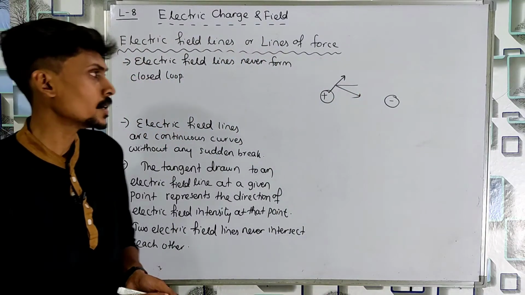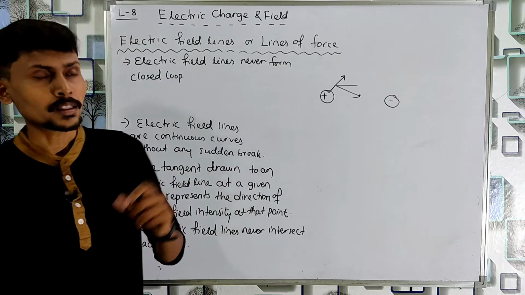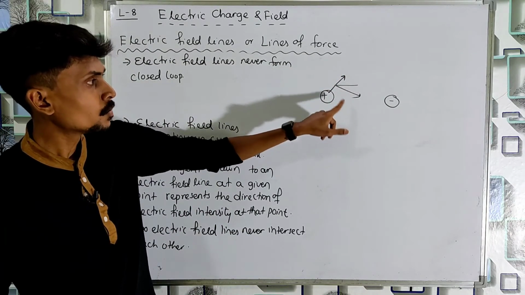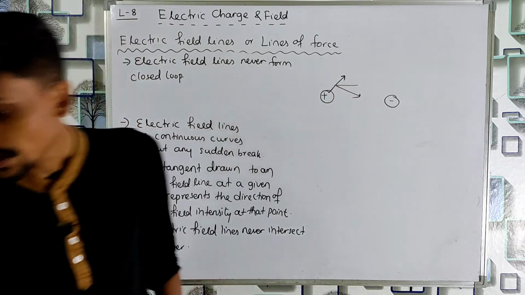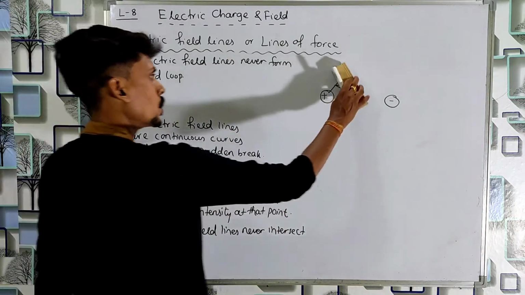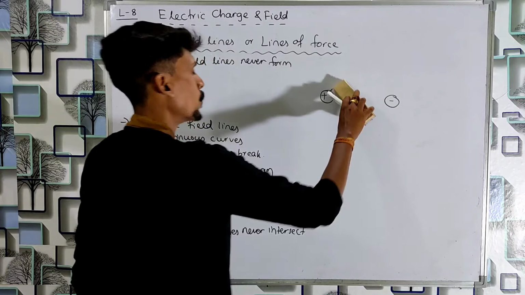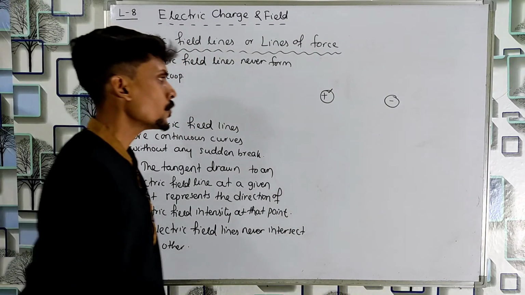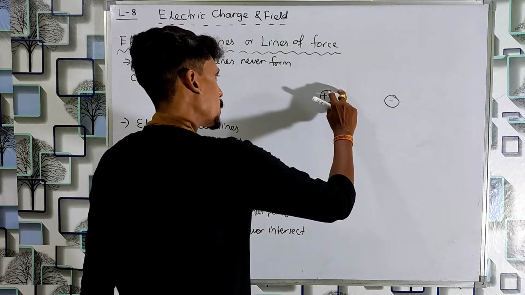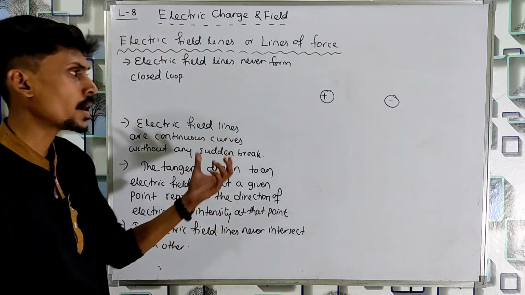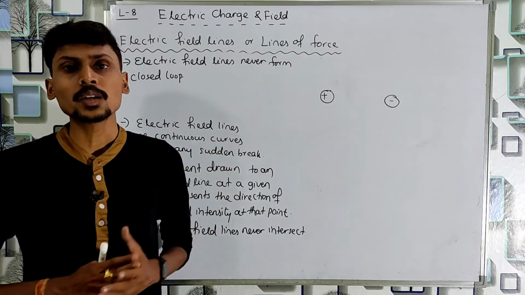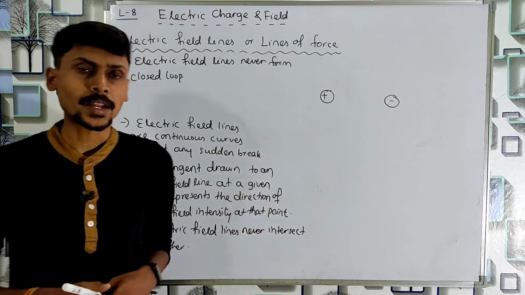The test charge will neither move along this line nor along this line. It will move in the direction of the resultant force. So we can say that if we have a system of two charges, one positive and the other negative, then the test charge will move away from the positive charge and move towards the negative charge.